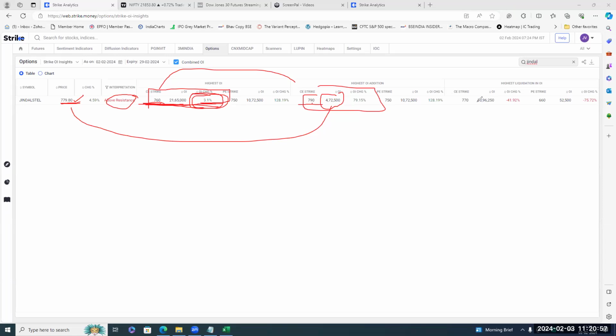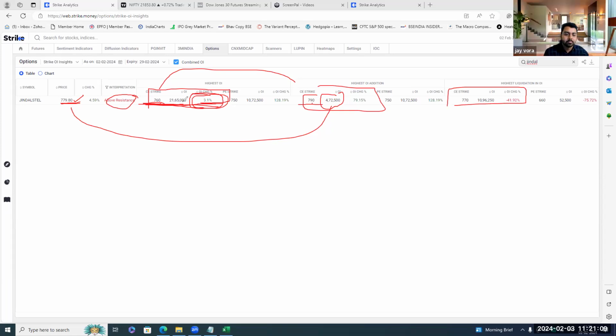And if we see the price difference between the highest open interest call and the current market price, it is only 10 rupees. So for an option writer, will that 10 rupees matter that much in a stock of 800 bucks? That's what I wanted to clarify. Or should we interpret it that this might go further, or it will just touch 790 and reverse back from 790? How would we take it?